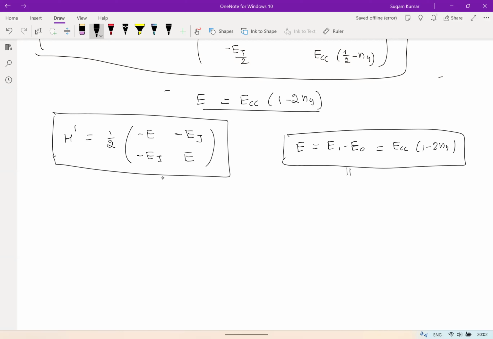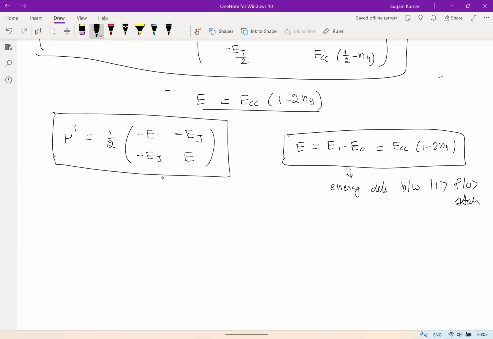So this is nothing but an energy difference between the 1 and 0 state. So this is the energy difference between the 0 and 1 state.